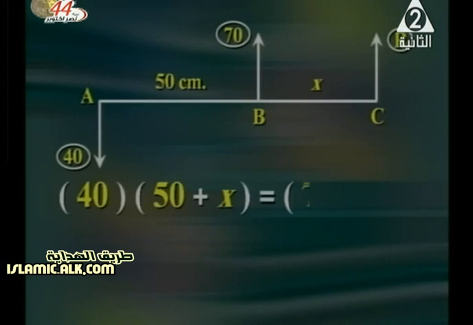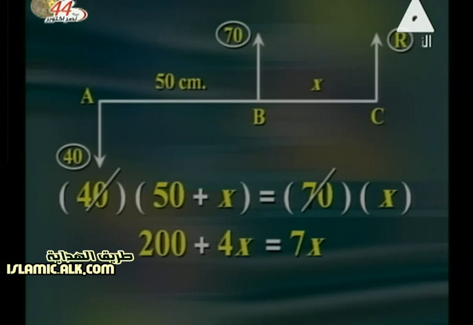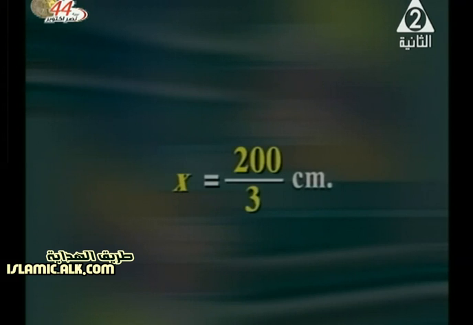By using the theorem of the moment about C, 40 times (50 plus x) equals 70 times x. Divided by 10, therefore 200 plus 4x equals 7x. What is the value of x? Then 200 equals 3x, divided by 3, x equals 200 over 3 centimeter.